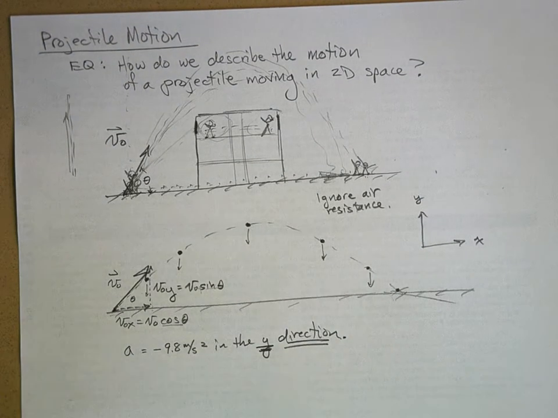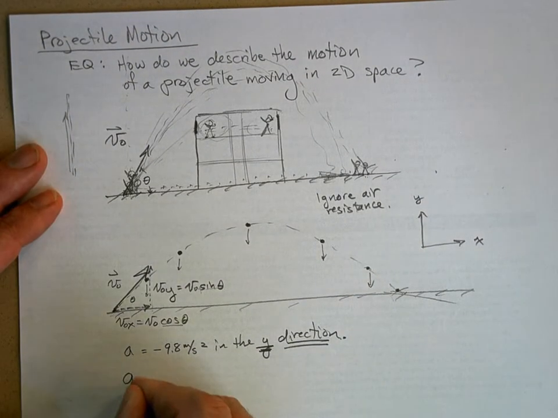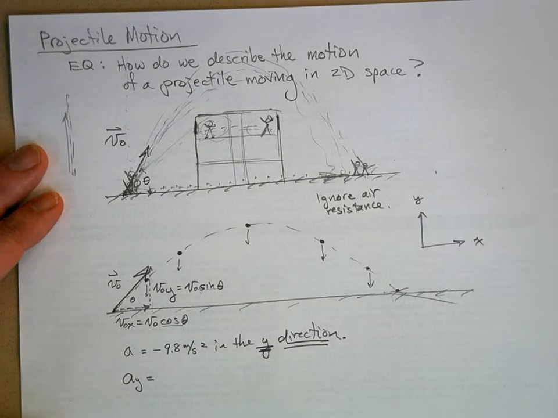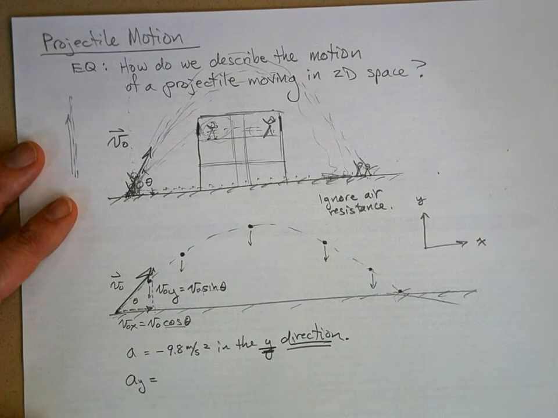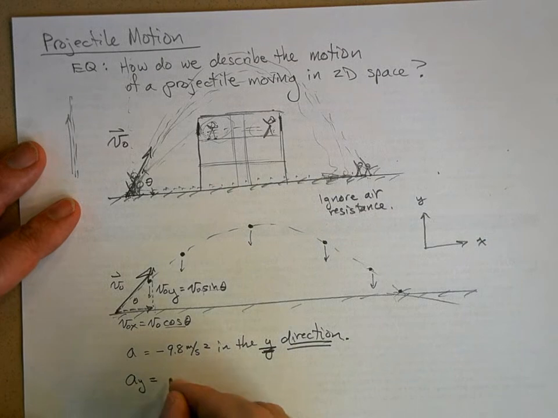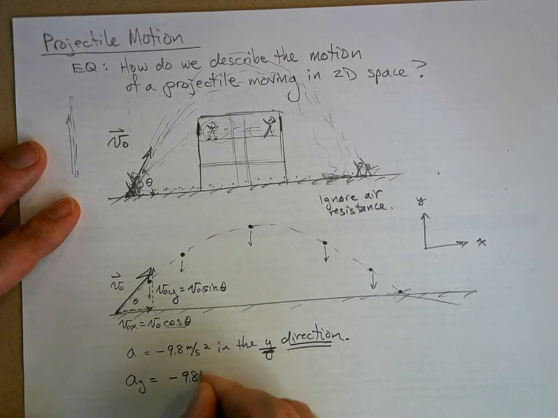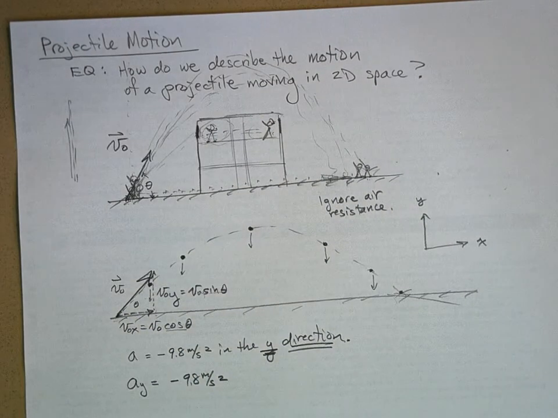So the acceleration in the y direction, a sub y, I'll use the subscript y to indicate the direction the acceleration is in, is equal to negative 9.8 meters per second squared.